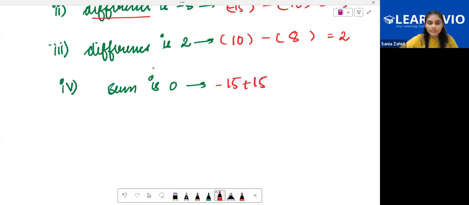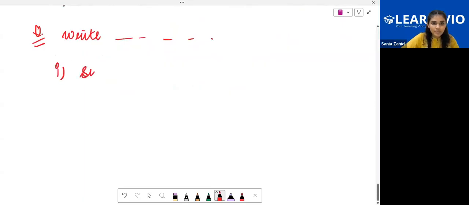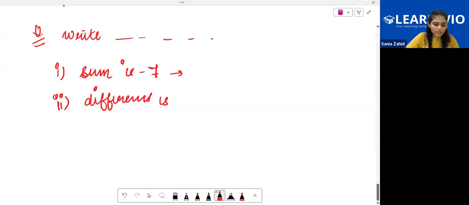I'll give you a similar type of question where you have to again find such answers. Write down a pair of integers where the sum is minus 7. The second is difference is minus 10.